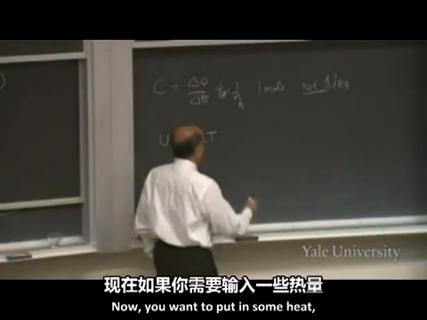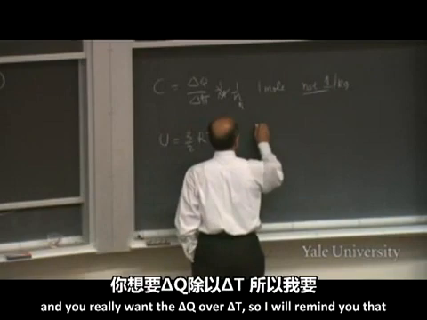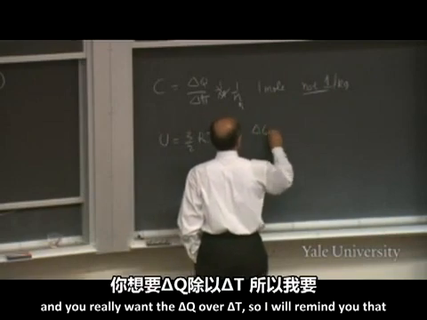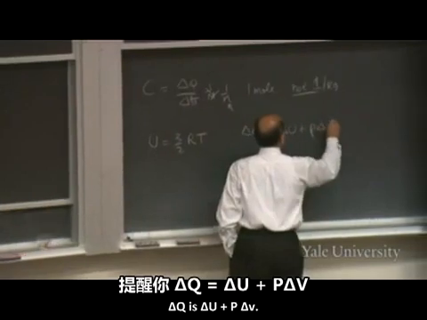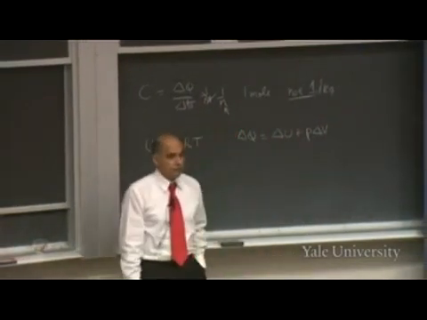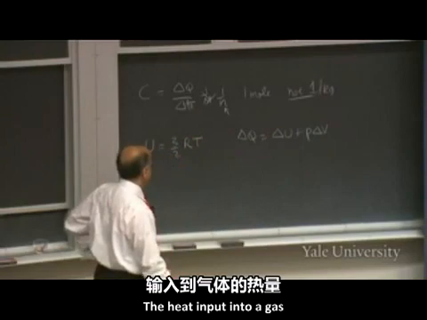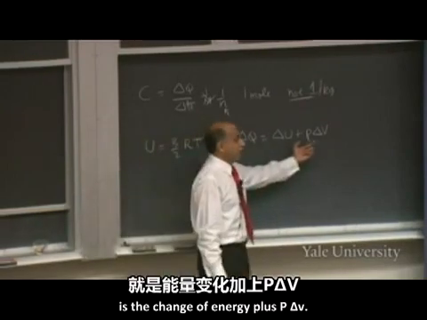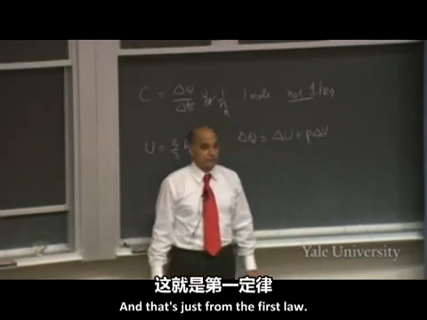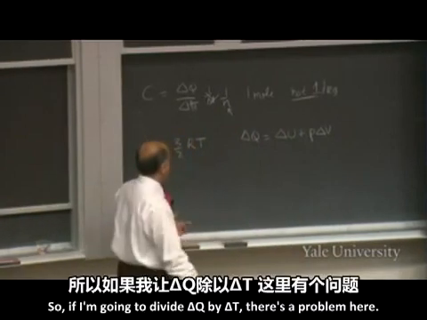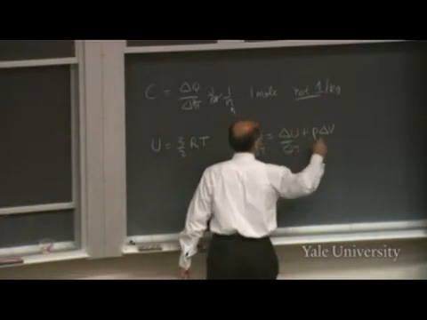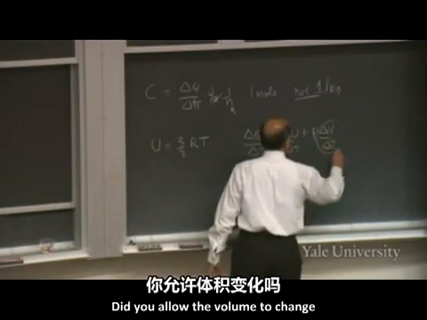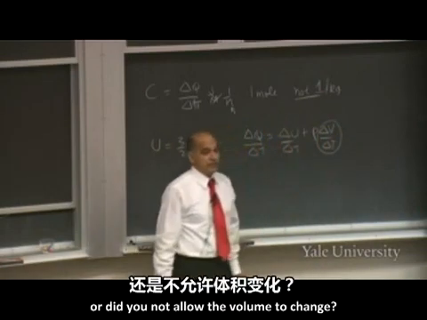Now you want to put in some heat, and you really want the delta Q over delta T. So I remind you the delta Q is delta U plus P delta V. The heat input into a gas is the change in energy plus P delta V. That's just from the first law. So if I'm going to divide delta Q by delta T, that's a problem here. Did you allow the volume to change, or did you not allow the volume to change?